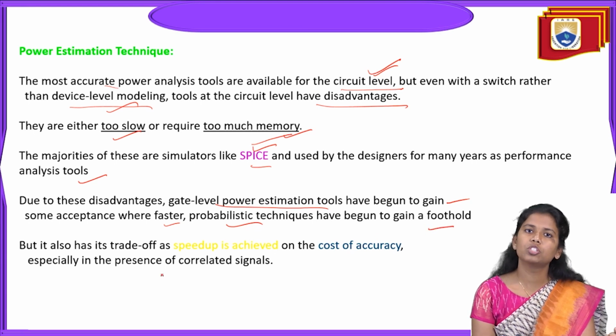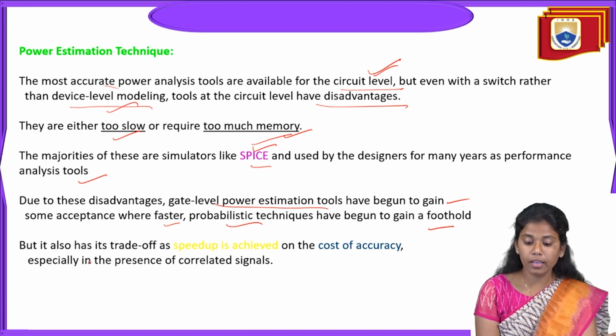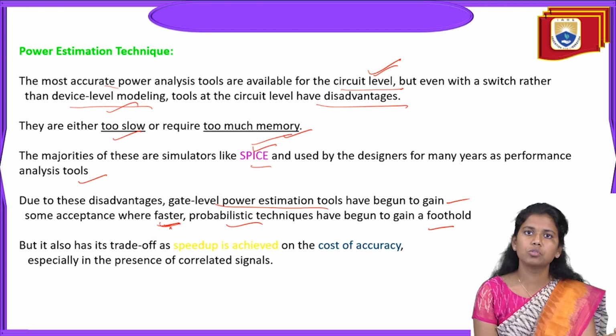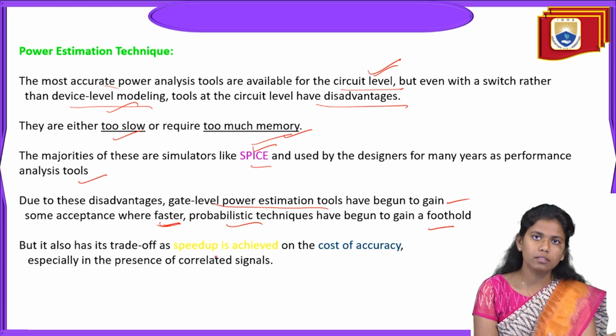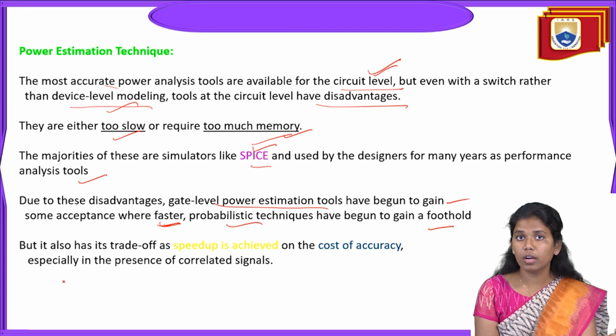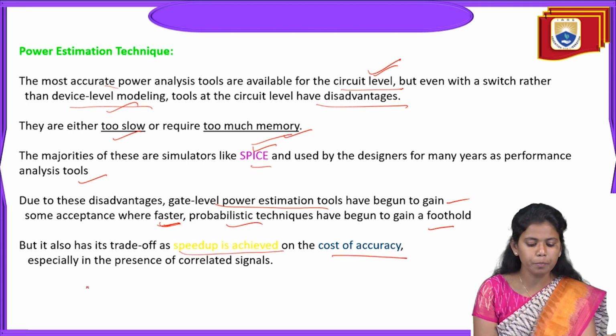One of the major considerations in the gate level power estimation tool is that it is faster. As it is faster, we can go for gate level power estimation tools compared to the other estimation tools. But it also has a trade-off: the speedup is achieved at the cost of accuracy, especially in the presence of correlated signals.